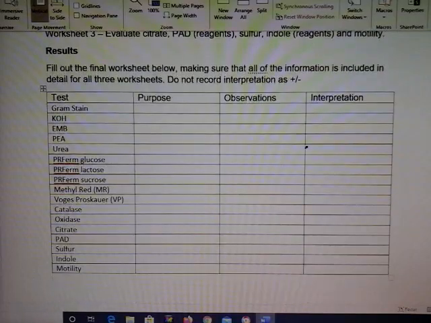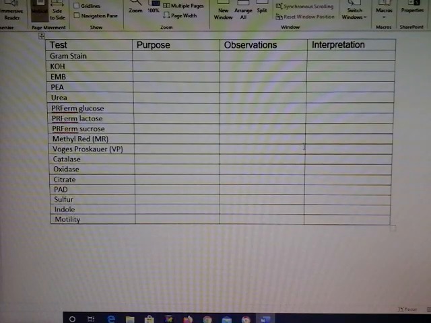I've included your results chart. So again, every week as you make your worksheets, guys, tell me what the purpose of the gram stain is, KOH, EMB, etc., all the way down. Then write down, what did you see? For instance, gram stain. Did you see red rods? Did you see purple rods or purple cocci, whatever?